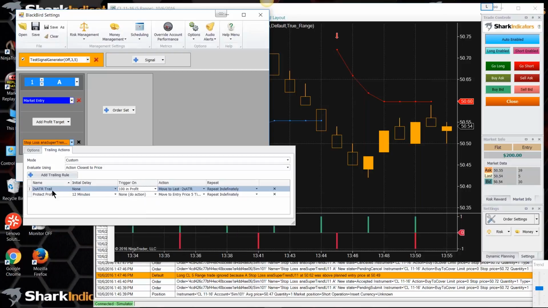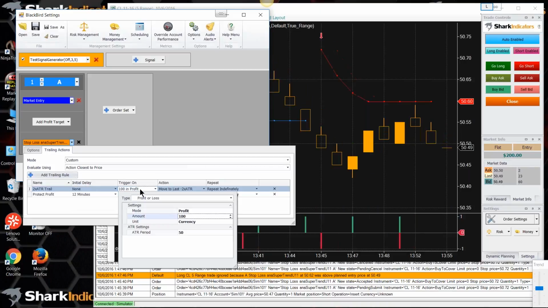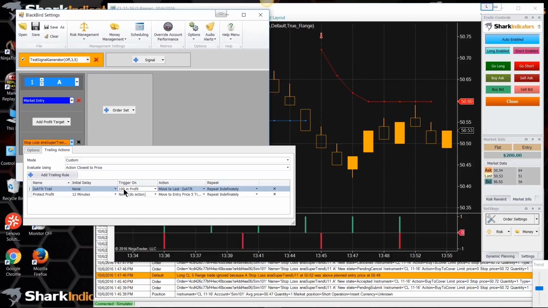Okay, so going back to this 2 ATR trailing rule, there's no delay, but there is a trigger. This type of trigger, as I said before, the profit or loss, is very similar to a delay in that we're waiting for $100 in profit.